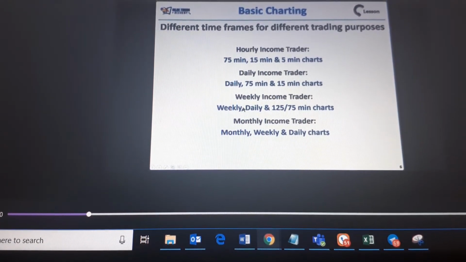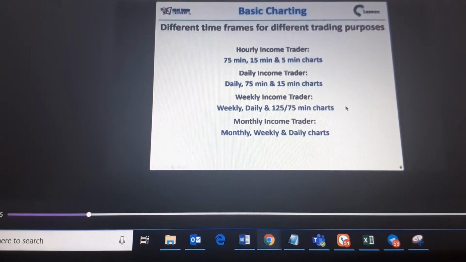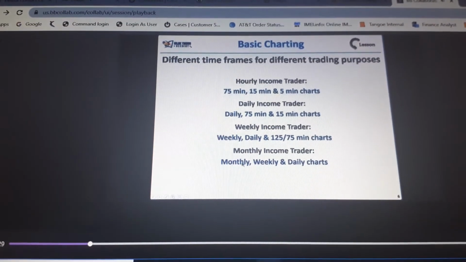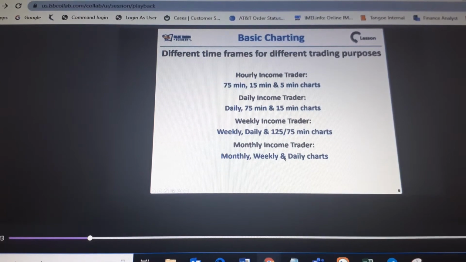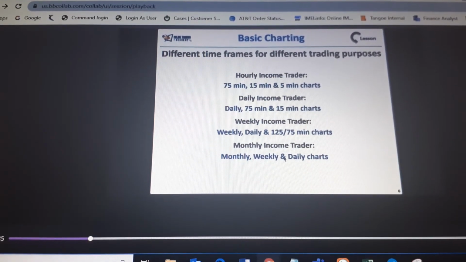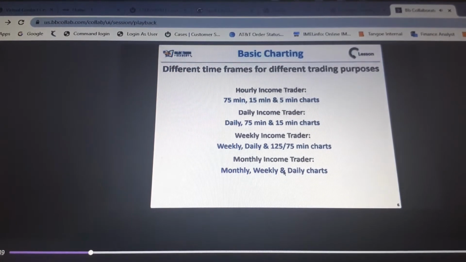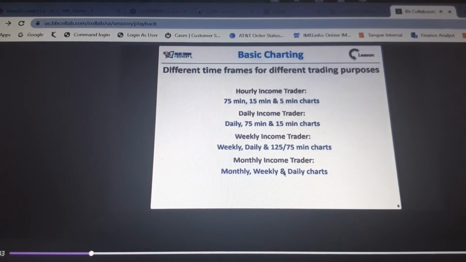As a weekly income trader, I'm going to use these four time frames. Only in weekly income trading are we using four time frames. And as a monthly income trader, we are going to again use three time frames. So when I come to multiple time frame analysis, you should be clear about the three time frames that we are going to use for our different styles of trading.